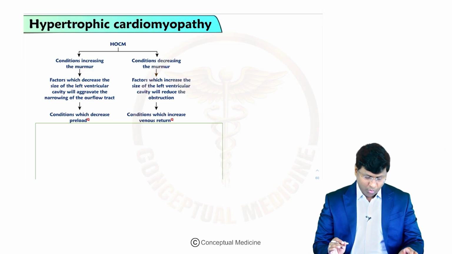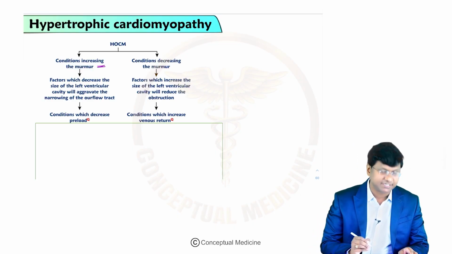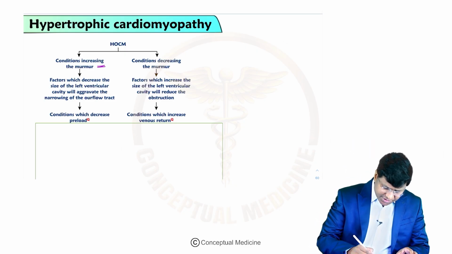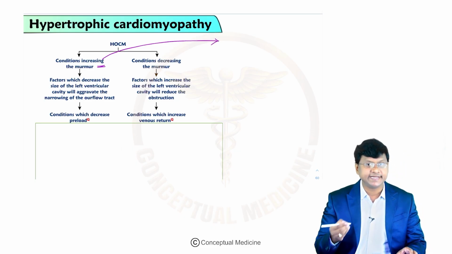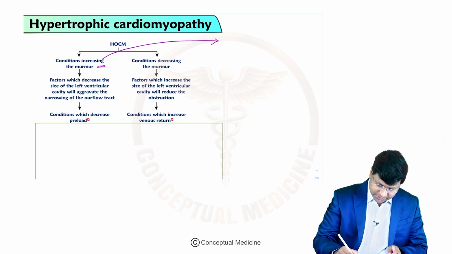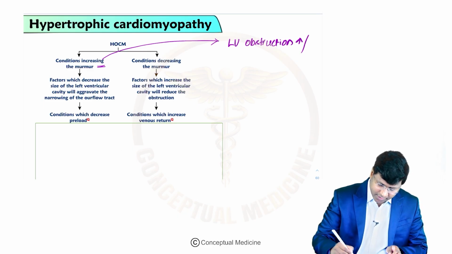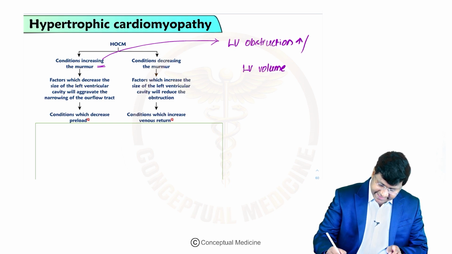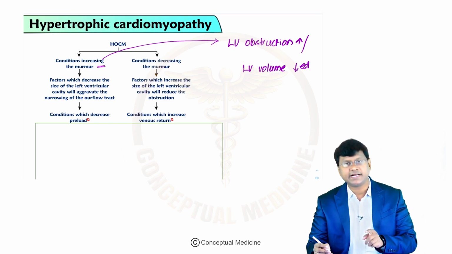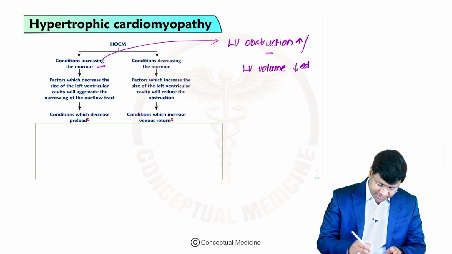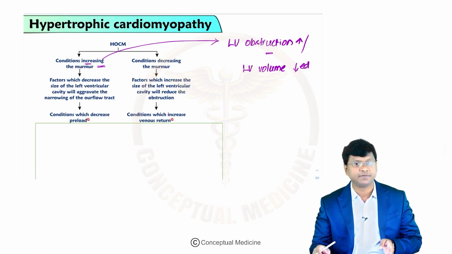Now, you need to know what are the conditions which will increase the murmur. What did I tell you? The conditions which will increase the intensity of the murmur are those where the LV obstruction is increased or LV volume is decreased. So, any condition which will decrease the LV volume will increase the obstruction and will increase the intensity of the murmur.